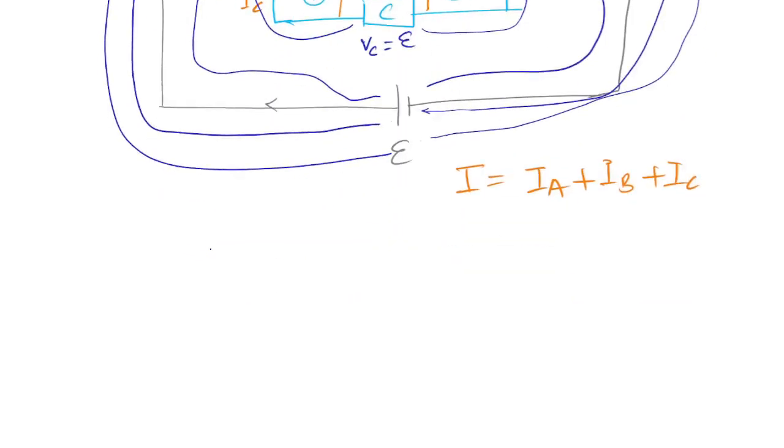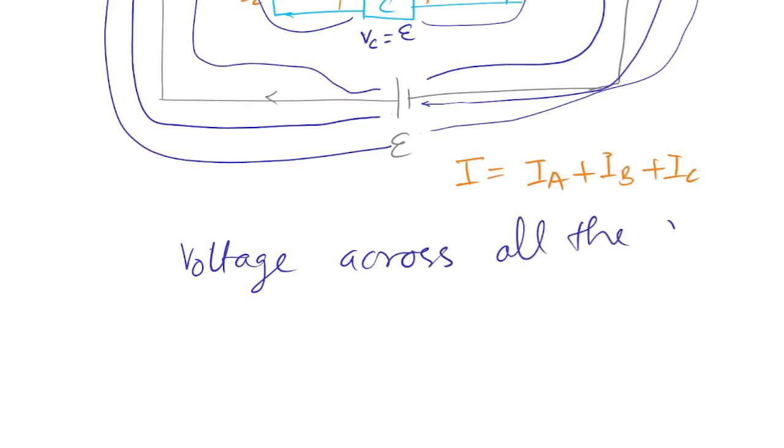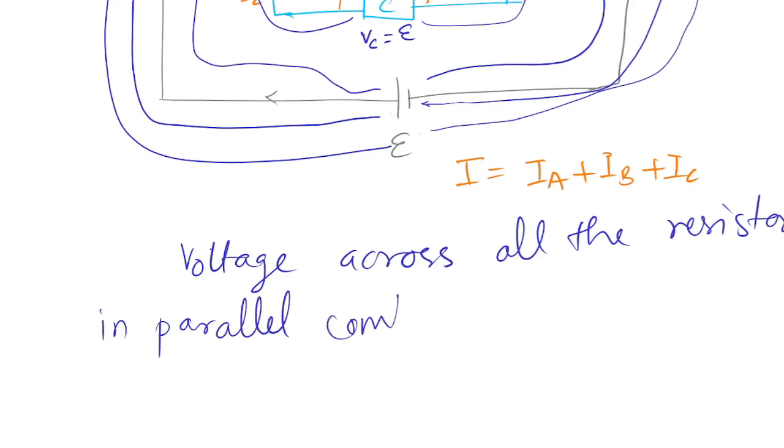So what you can say here is that the voltage across all the resistors in a parallel combination is the same, right?